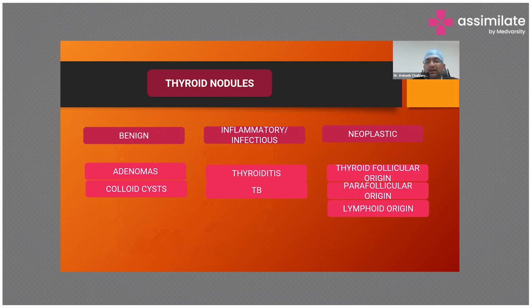Then come the inflammatory or infectious swellings in the thyroid, which could be thyroiditis, lymphocytic thyroiditis, or tuberculosis. Yes, tuberculosis can occur even in the thyroid, as it can occur anywhere in the body. And then come the neoplastic nodules, which are either of thyroid follicular origin, which could be a papillary carcinoma of the thyroid or a follicular carcinoma of the thyroid.